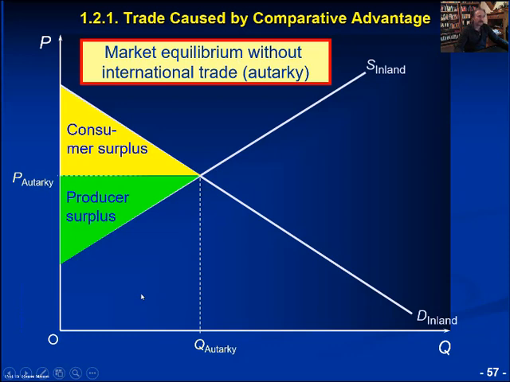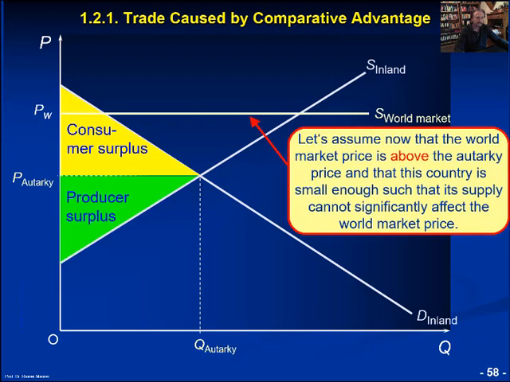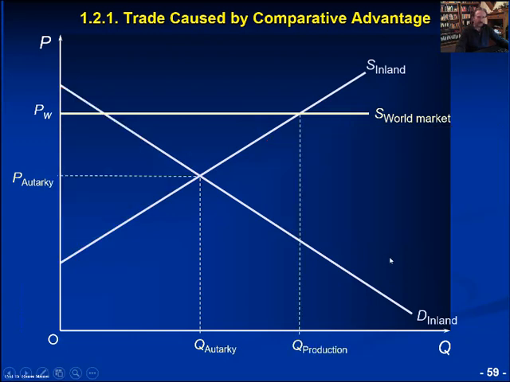Next, we have to analyze the other possibility where the world market price is higher than the autarky price. Let's analyze now how this changes the surplus of consumers and producers. Under these assumptions, producers will have the chance to sell refrigerators at the higher world market price.